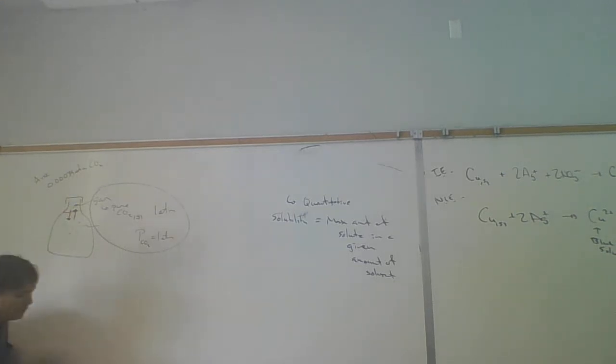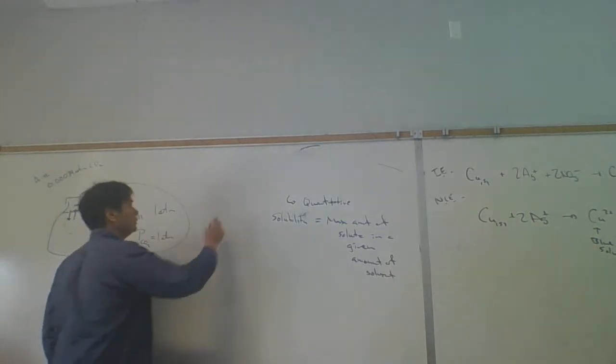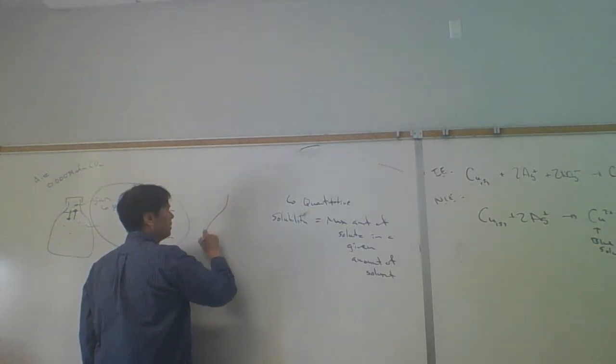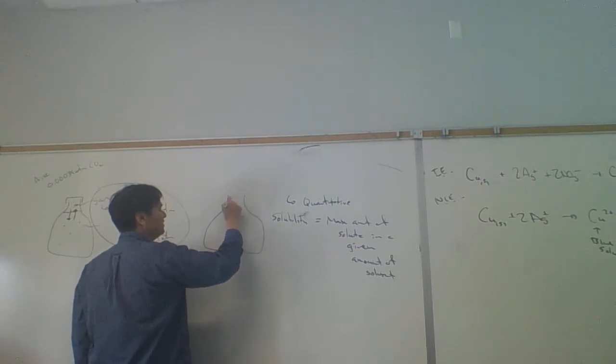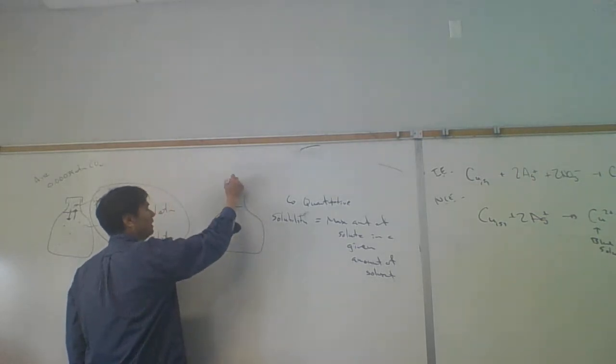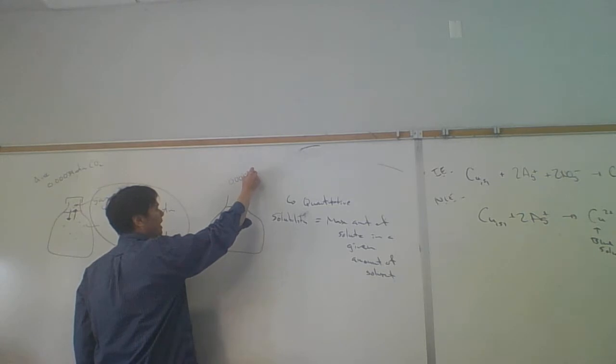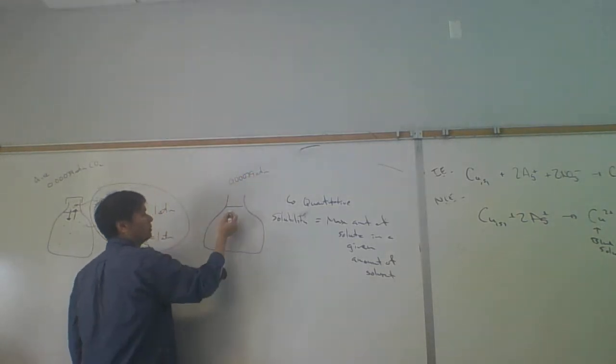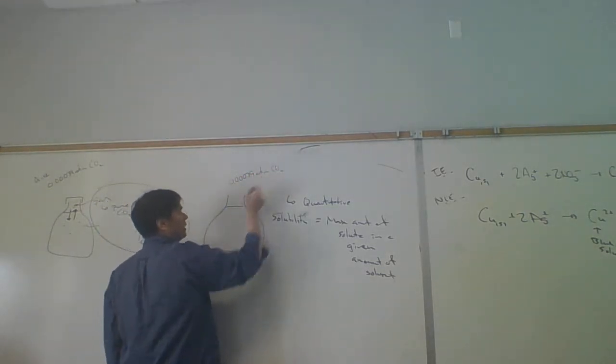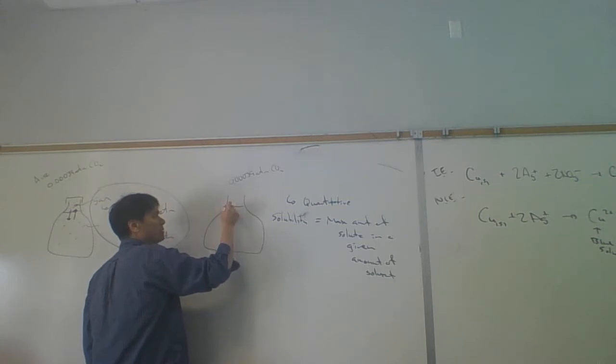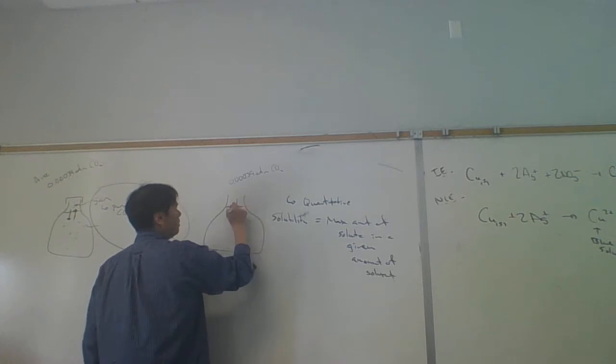But what happens if you release the lid? If you release the lid, then we go from 1 atmosphere of CO2 to 0.00039 atmospheres. Is as much CO2 present as before? No. In fact, we had a lot of CO2 to begin with. Now we have none.